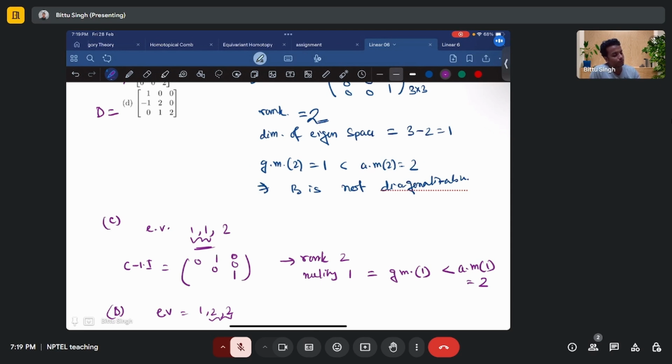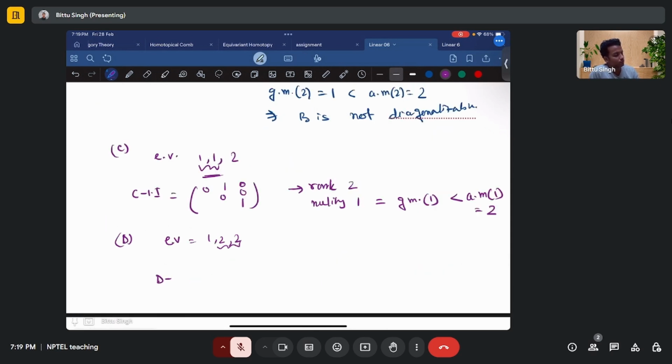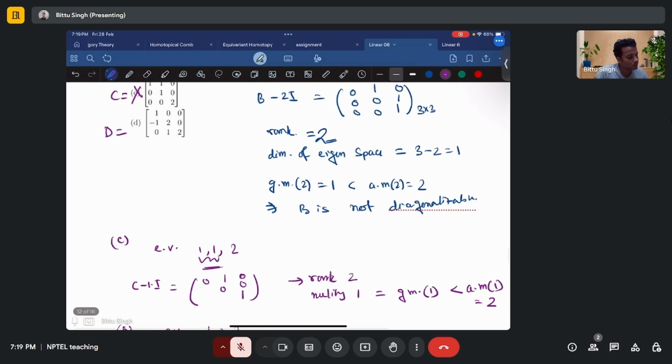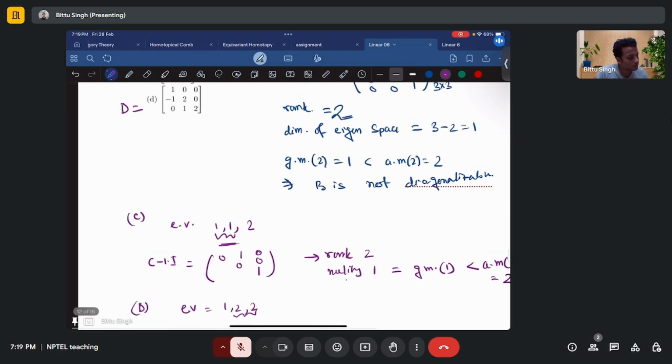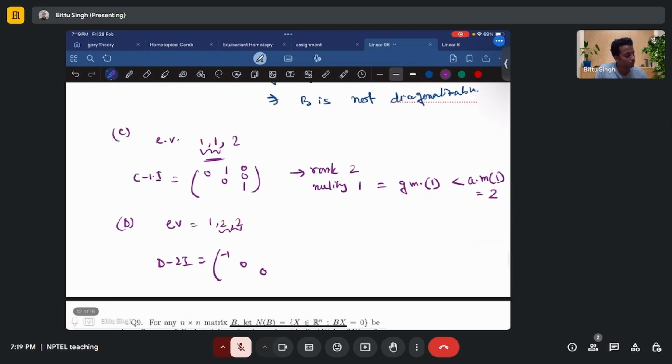If we write D minus 2I, it will be a lower triangular matrix with minus 1, 0, 0, and then minus 1, plus 1, 0, and the entries above are 0. This is a lower triangular matrix. From here you can see that those are zeros.